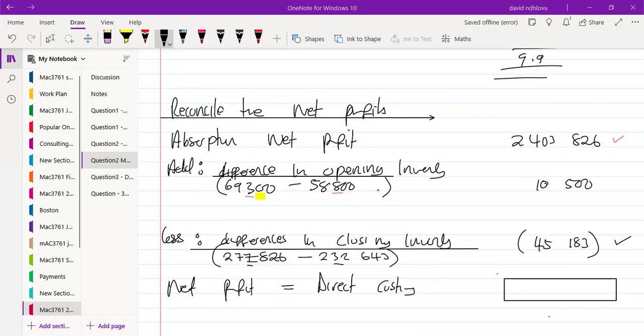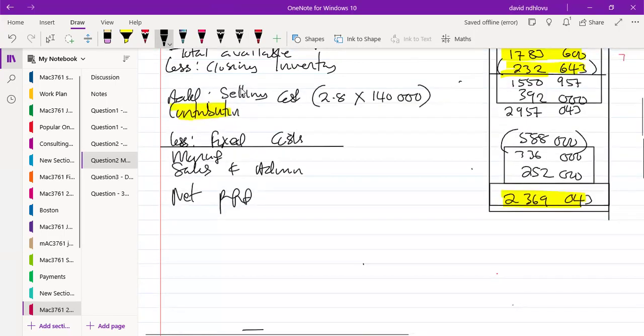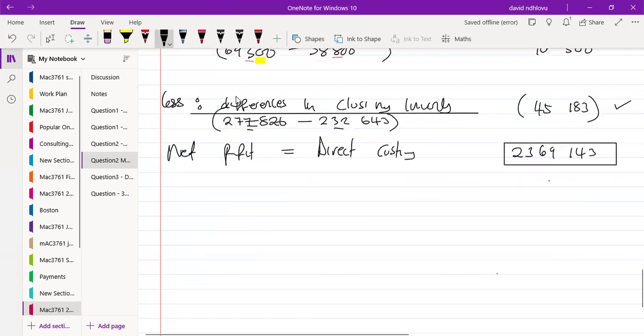If we are calculating correctly, we should get the same profit. So here I'm going to get an amount of 2369,143. That figure must tie back to the profit that I have there. So it ties back to that figure there. If everything balances like this, then everything is 100% correct.